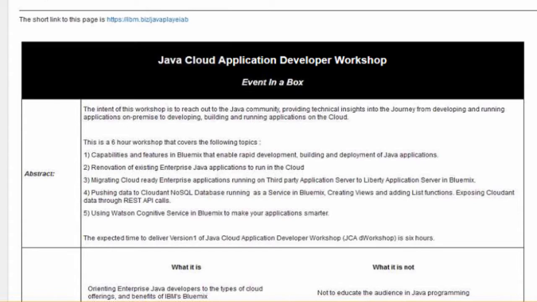Next, we also talk about renovating existing enterprise Java applications to run in the cloud. What renovation means is the applications that developers may have today could be taken as a complete entity or partially to the cloud, and it could be combined with certain other languages, taking you to polyglot programming.